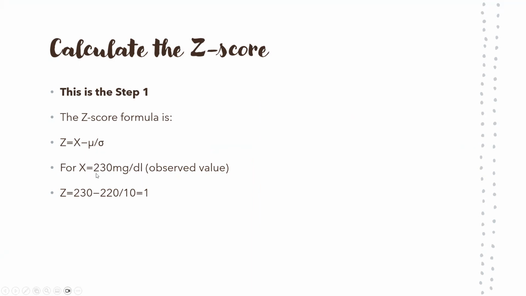X is 230 milligram per deciliter, the observed value. Mu, the average, was 220, and sigma, the standard deviation, was 10. Calculating it, we get the answer 1. Our Z score, or Z value, is 1.